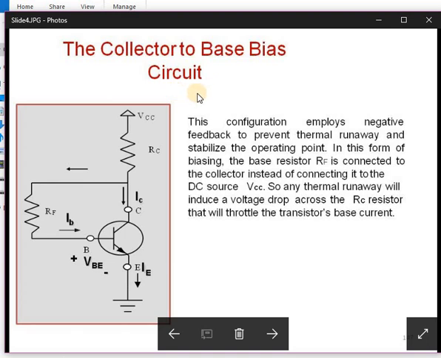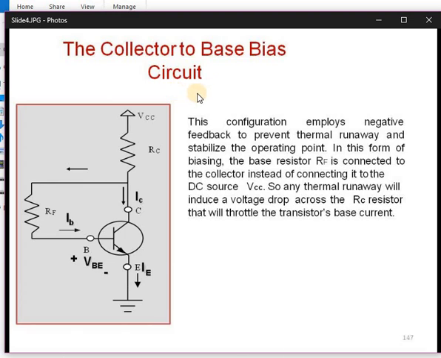This configuration employs negative feedback to prevent thermal runaway and stabilize the operating point. Due to the connection of this base resistor to the collector terminal instead of the VCC, it causes negative feedback. Due to the negative feedback, it prevents the thermal runaway and increases the stabilization of the operating point.